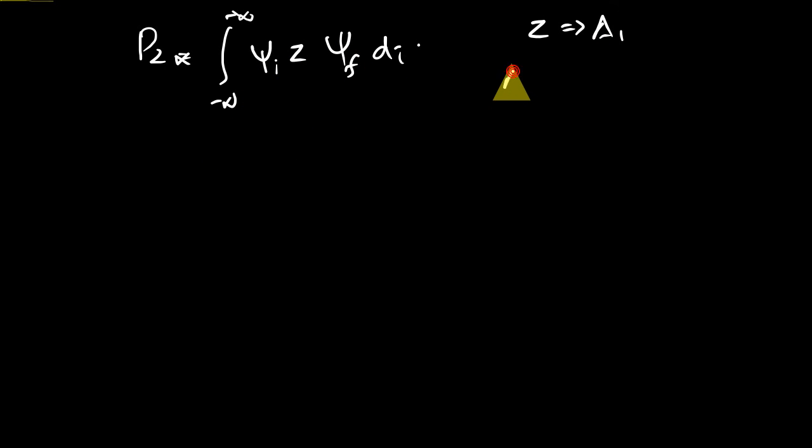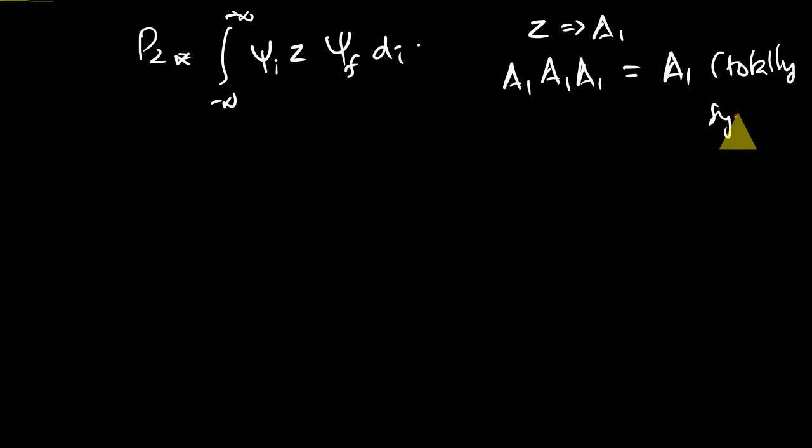Psi I corresponds to A1, z corresponds to A1, and psi f also corresponds to A1 for symmetric stretching and bending. So A1 A1 A1 is equal to A1, which is totally symmetric. So this direct product gives you a totally symmetric representation. Therefore, the integral will be non-zero, which means that Pz is not equal to 0.